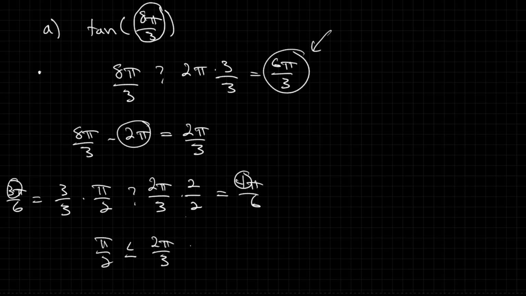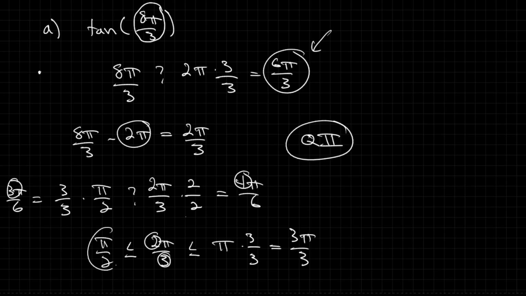And 2 pi over 3 is going to be less than or equal to pi. Reason being is that 2 is less than 3. But if you needed to compare, you could multiply by 3 over 3 and get 3 pi over 3. So we know we lie in quadrant 2 because we're between pi over 2 and pi.